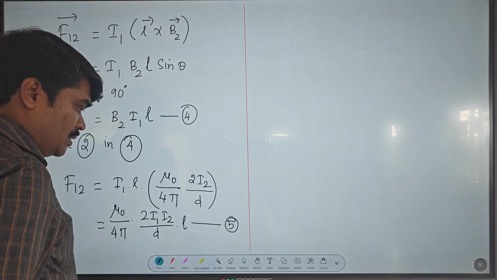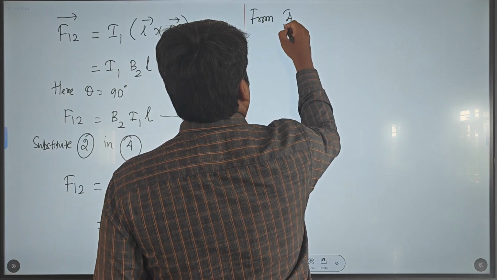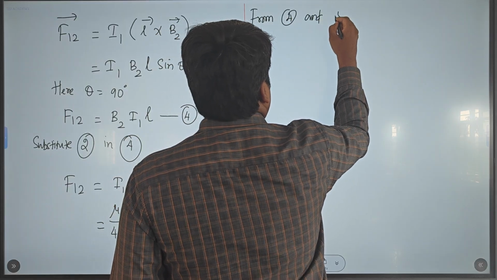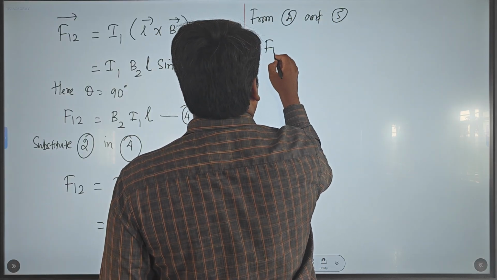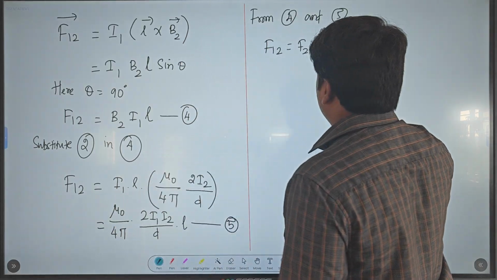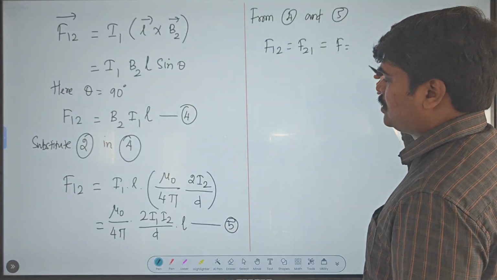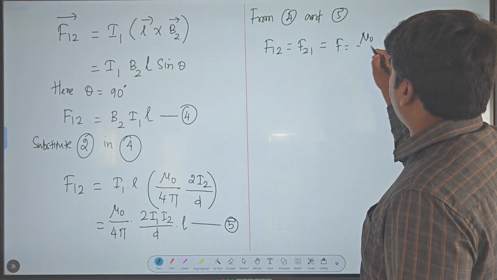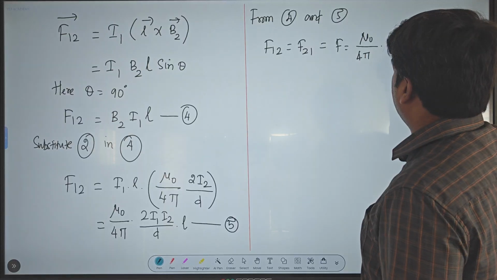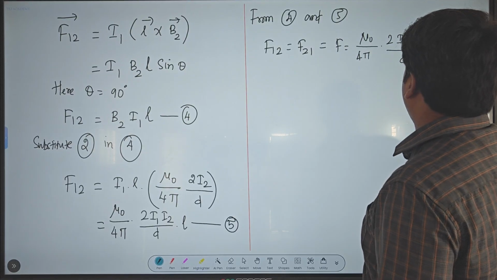From 4 and 5, what can we conclude? From equations 4 and 5, the magnitudes of these two forces F12 and F21 are the same. Let us take it as F, that will be equal to mu naught by 4 pi into 2 times I1 I2 whole divided by D times L.